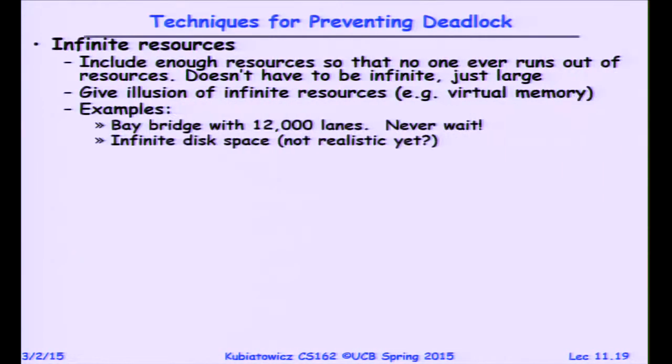So what are techniques for preventing deadlock? So infinite resources, actually it turns out if you have an infinite set of resources, there's no way to ever deadlock. Now, I know it seems silly for me to say this, but if you think about it, that means no thread is ever waiting for a resource, because the only types of deadlock we've described are thread-resource cycles.